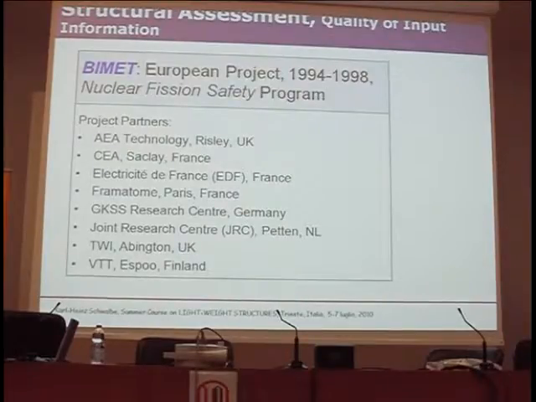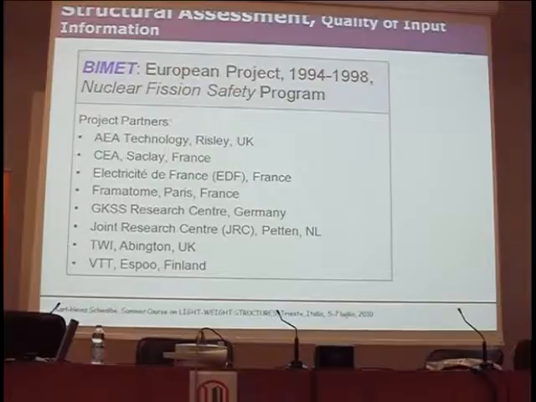You see the time frame here, and it was part of the European Nuclear Fission Safety Program. Here you see the project partners, quite some institutes and Electricité de France and Framatome, and the others were research centers. It was a very good European collaboration. That's why I like all these European projects and working groups. We get in contact with people from all European countries, which is very important.